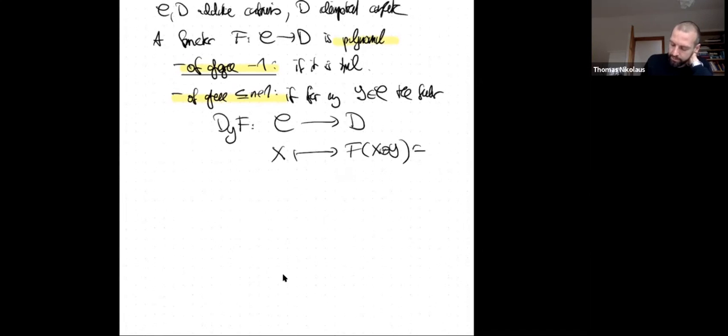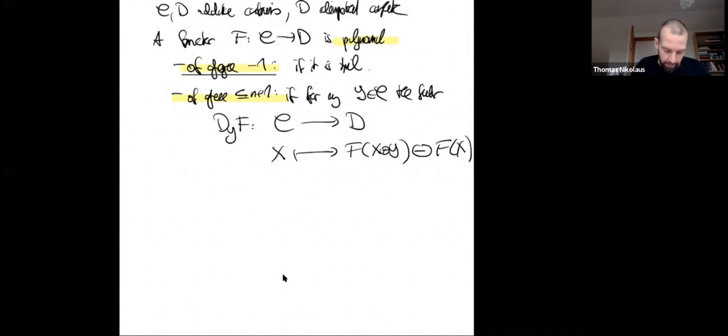Let me write it like this. So what this means is f of x is canonically a summand in f of x plus y, right? Because on the level of additive categories, we have the inclusion from x into x plus y and the projection from x plus y to x. And because I'm idempotent complete, I can canonically split off the other summand.